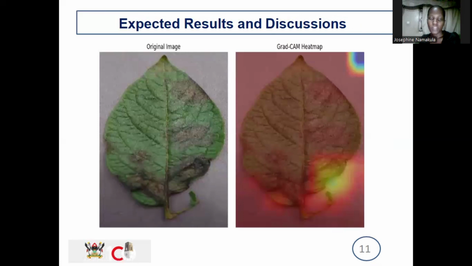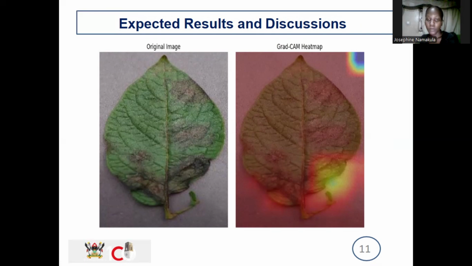So when I move to the next slide, I find an image showing the original image and the GradCam heat map. GradCam is the gradient weighted class activation mapping, which is like a heat map showing how different features on the images are related.